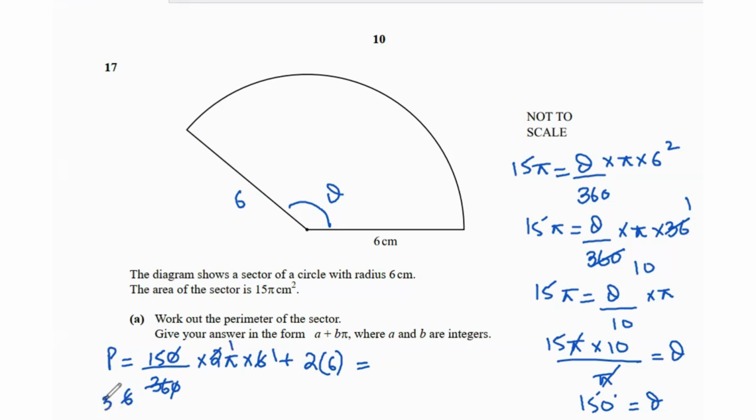This becomes 3. And 3 ones are 3. This becomes 5. If you notice, the entire thing is simplified now. This is why I'm saying instead of multiplying the numbers, simplify it. Make it simpler for yourself. So it's 5 pi plus 12. That's your perimeter, where a is 12 and b is 5.